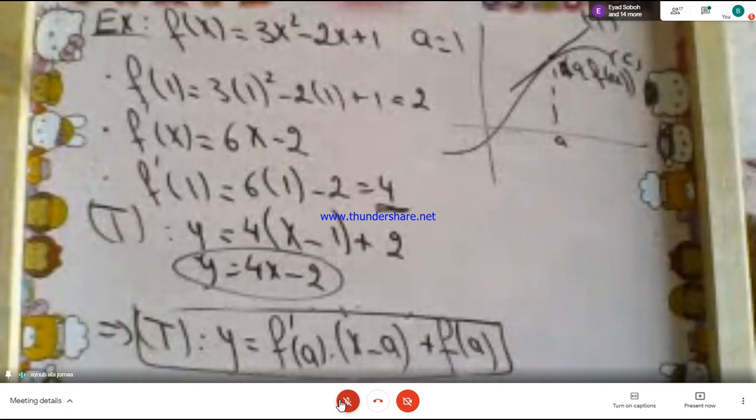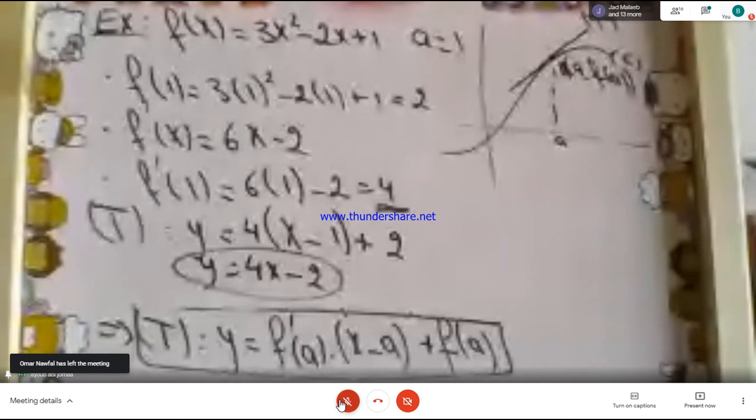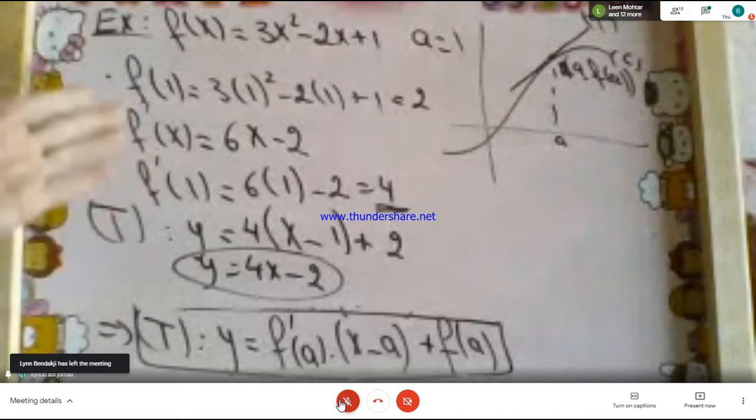Parts 11 and 12 are a bit tricky, not that complicated, but you need to think. Plus exercise number 2 will be homework for Friday. You will find the equation of the tangent line.